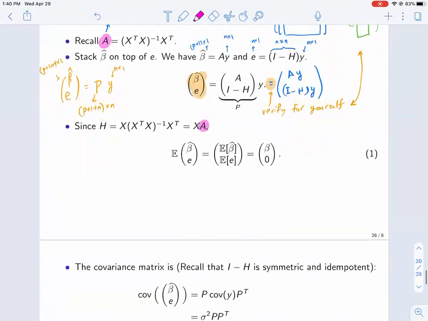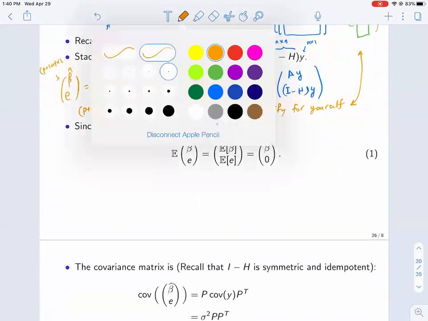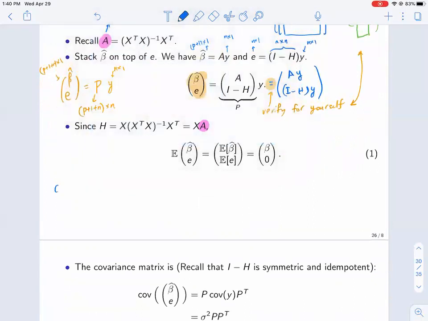So let's now do the covariance. How do we compute the covariance matrix of beta hat E? How should we compute this? I'm going to use that representation that I have, P times Y. Okay. What is the next step?